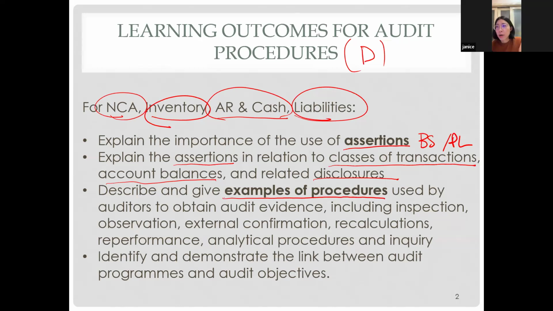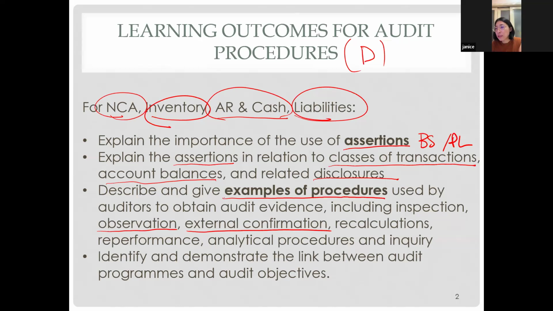For account receivable, we would use external confirmation. For inventory, we need to do an observation of the inventory count. So depending on which account and which assertions we need to cover, we will use different types of audit procedures.